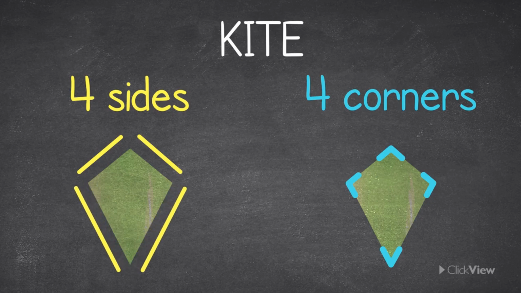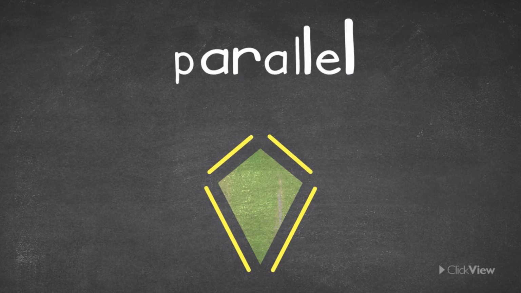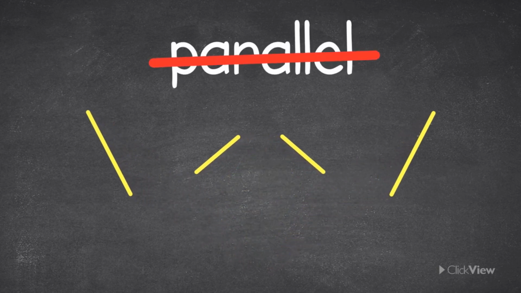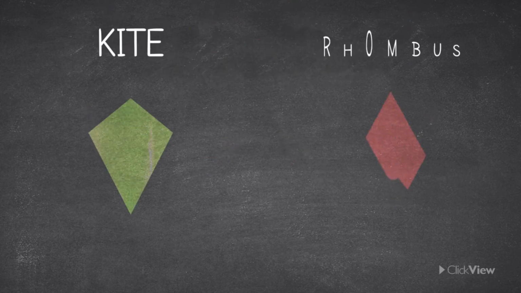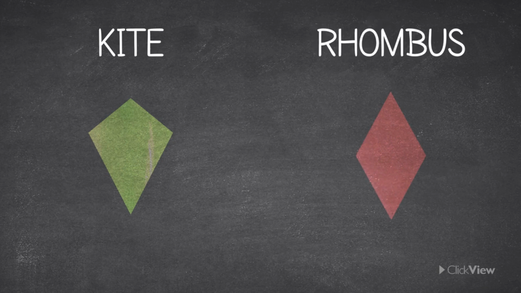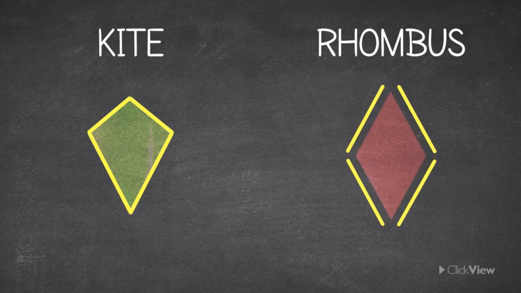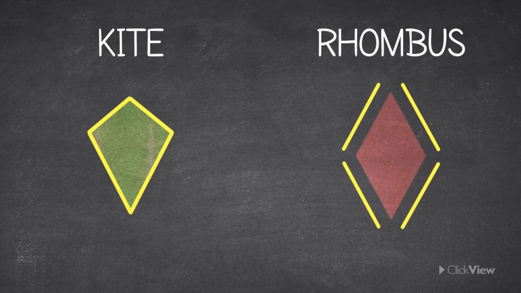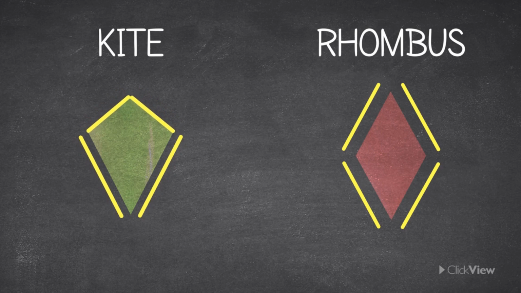An interesting fact about kites is that they can never have parallel sides. Can you see how the shape of a kite is different from a rhombus? Remember, all four sides of a rhombus are the same length, while a kite has two pairs of sides and each pair has the same length.